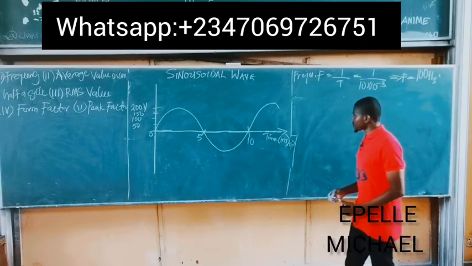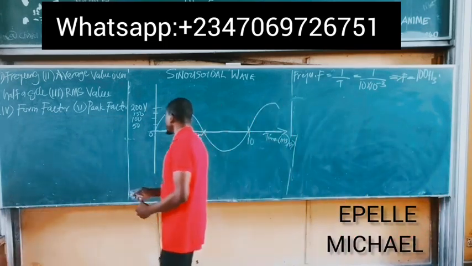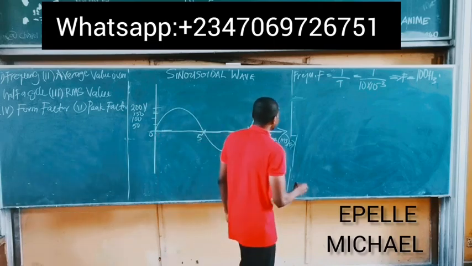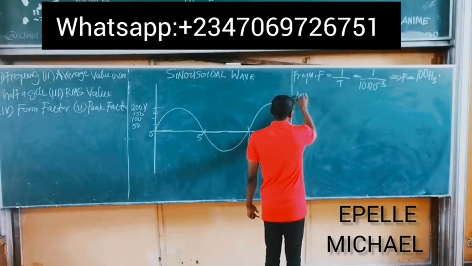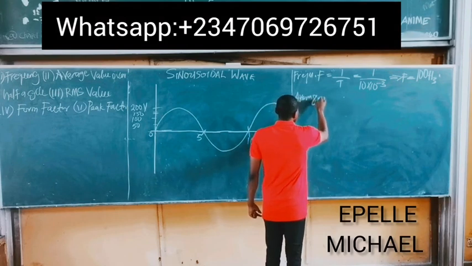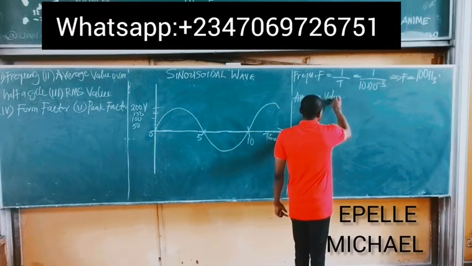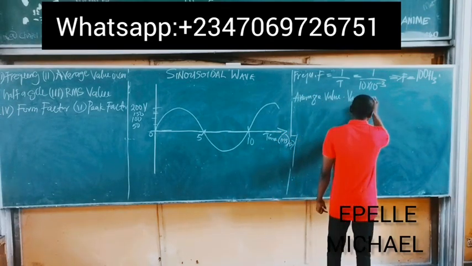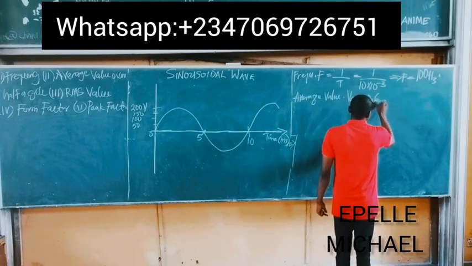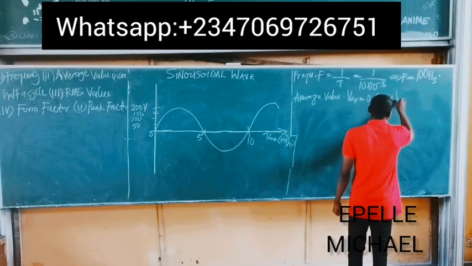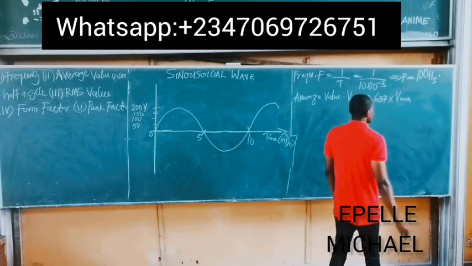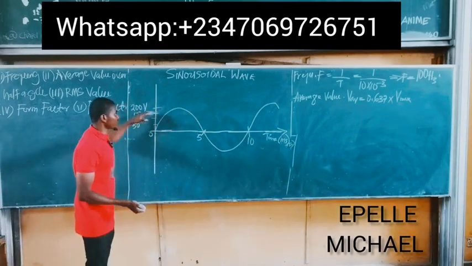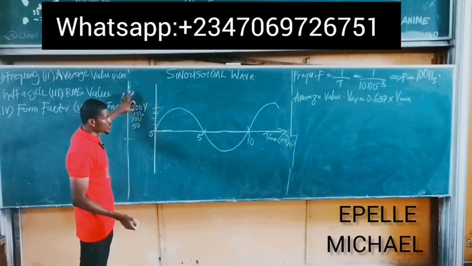Okay, you have this. Next question says we should find the average value. Now, for a sine wave, average value is given as V average is simply equal to 0.637 times the value of the maximum voltage or the peak voltage. The peak voltage, of course, is the highest voltage on the cycle, which in this case is 200 volts.